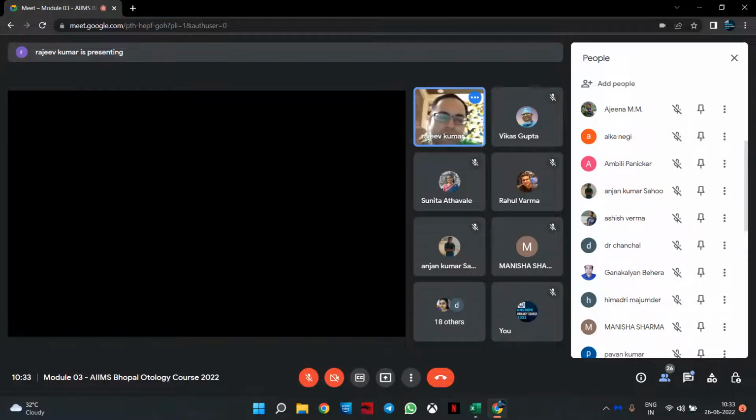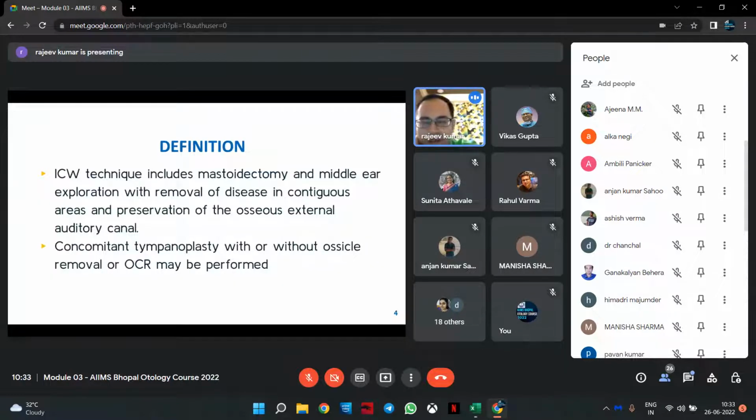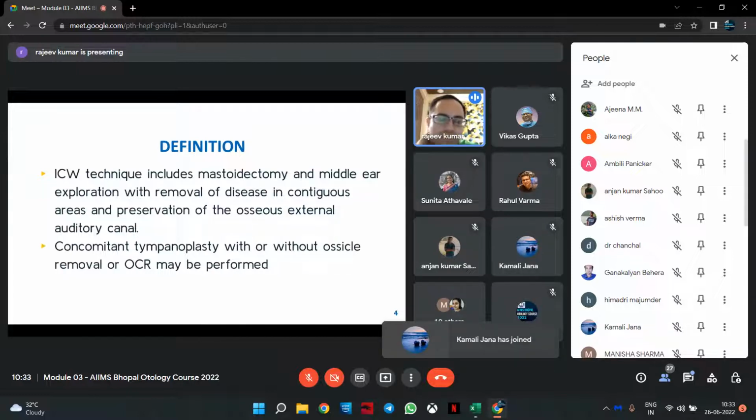So, by definition, what is a canal wall up procedure, or we can also call it intact canal wall. The wall which we are talking about is the external osseous posterior superior canal wall. The intact canal wall technique basically includes the mastoidectomy and the middle ear exploration with removal of disease in contiguous areas, and we have to preserve this osseous external auditory canal.